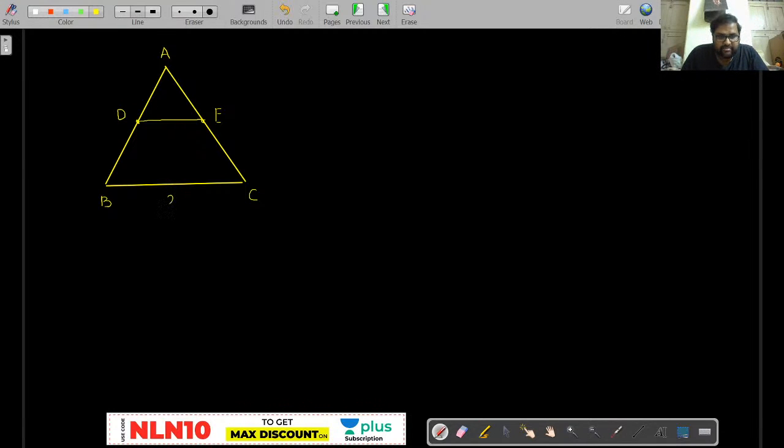Now see here, if BC is 2x, then DE will be x. When you join the midpoints of AB and AC, that line segment will be exactly half of the opposite line segment BC, right? Now this theorem is called the midpoint theorem, right?